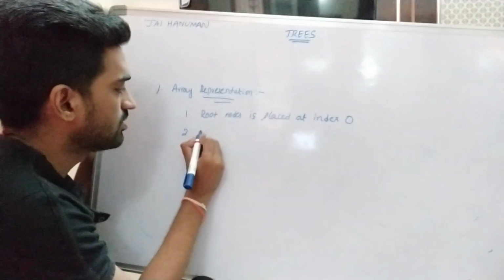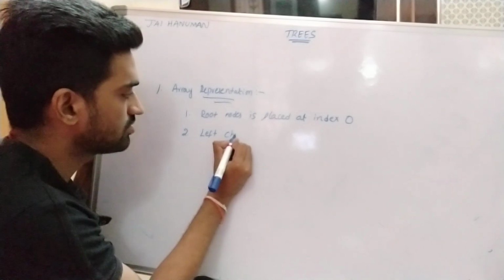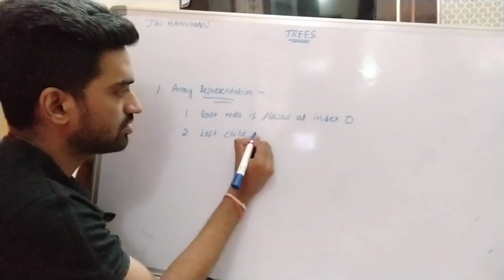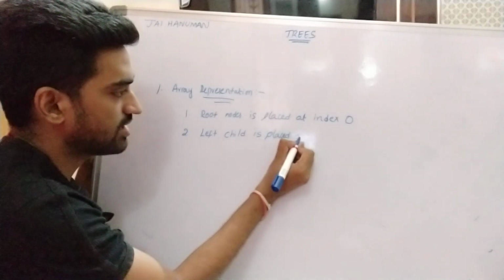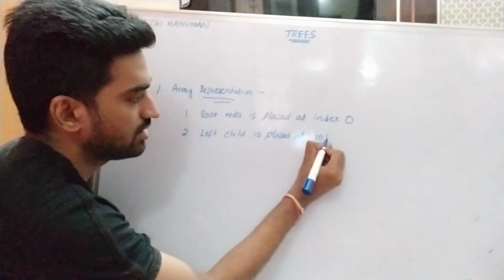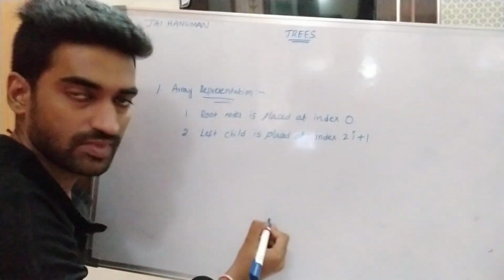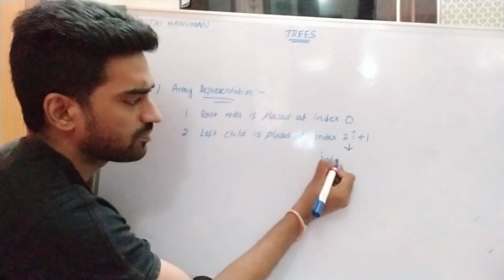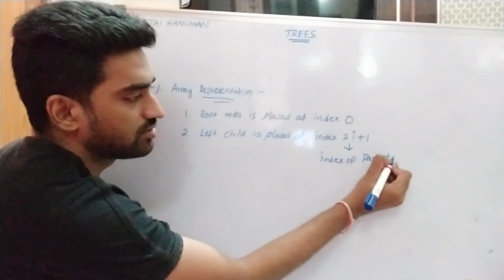The left child is placed at index 2i plus 1, where i is the index of the parent node.